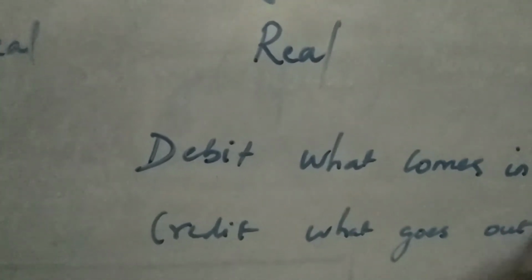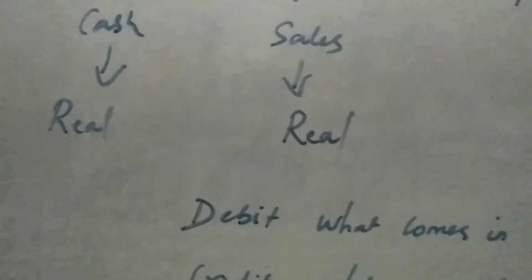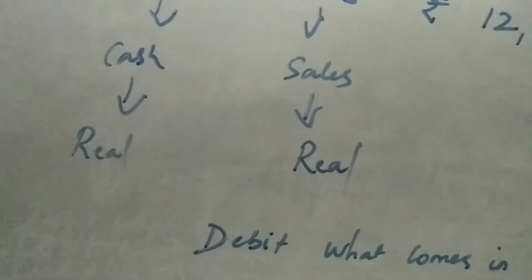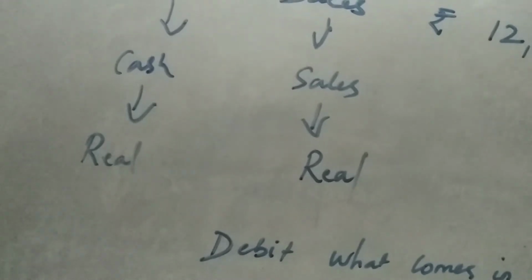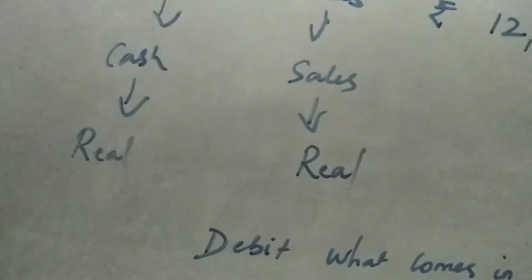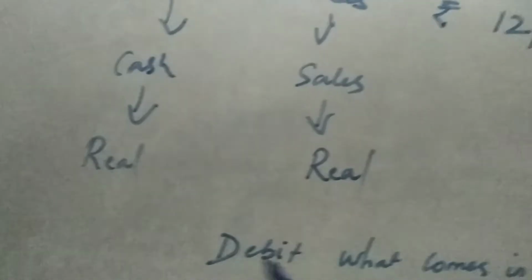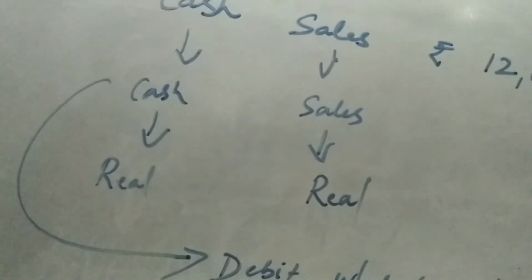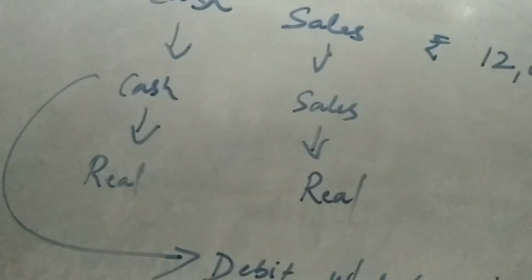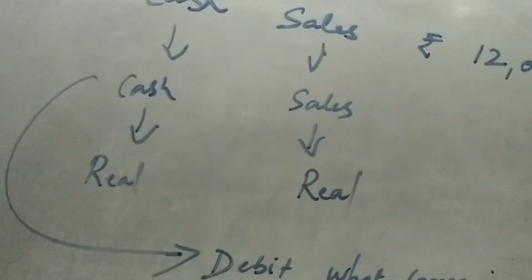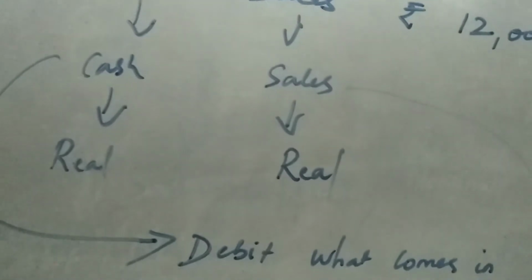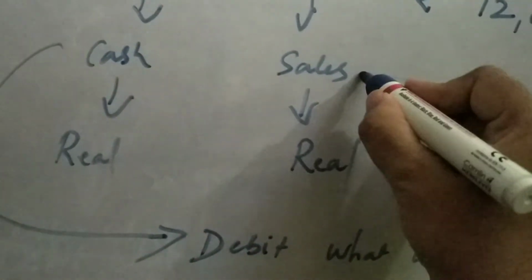So when we make a cash sale, cash is coming inside the business and goods are going out of the business. So debit what comes in. Cash is coming inside the business. So we are going to debit cash. So what is going out when we make a sale? Goods are going out. So sales should be credited.